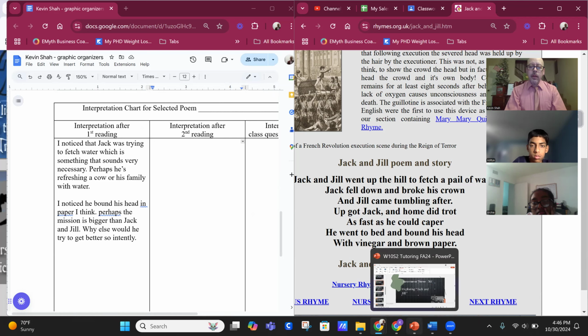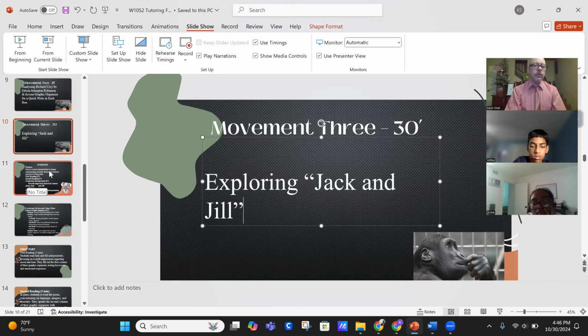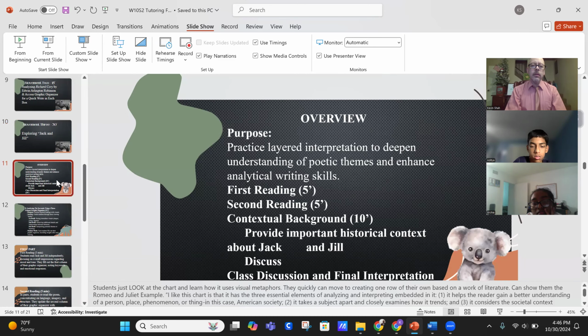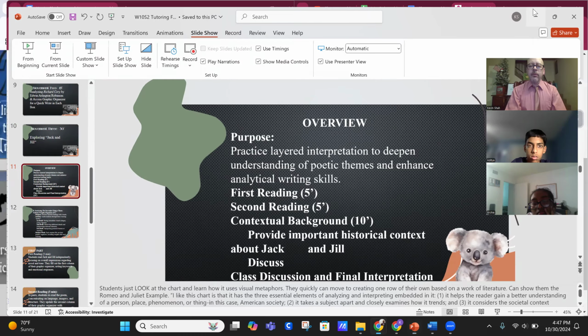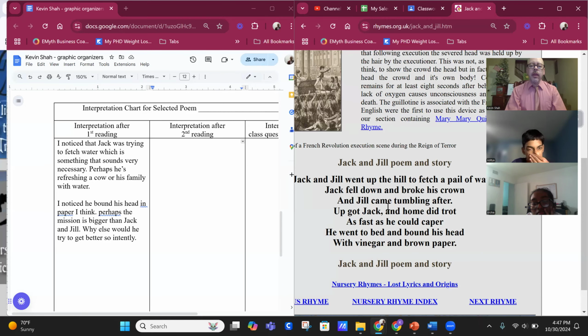Wait a minute though. Give me a second. I'm going to see here. Yeah, that's fine. I'm not really going to give you a lot of direction on that, other than what else do you notice? Maybe you can take your interpretation deeper. Whenever you're making successive interpretations, you want to read what you wrote before and try to build upon that.